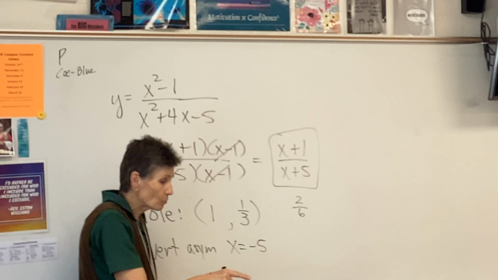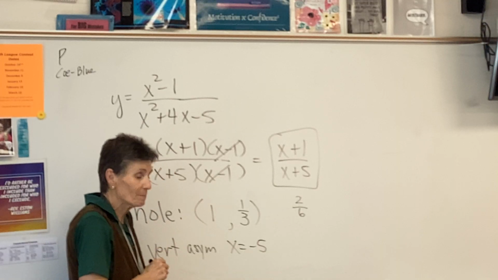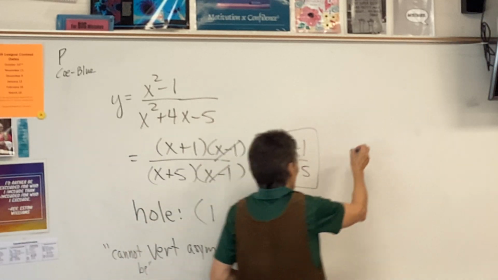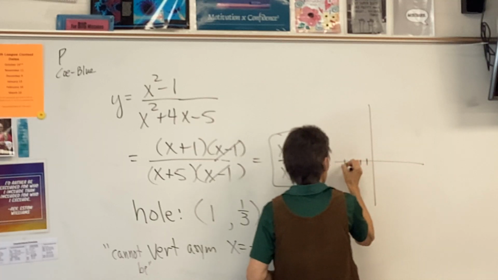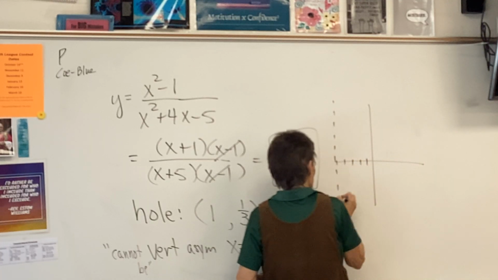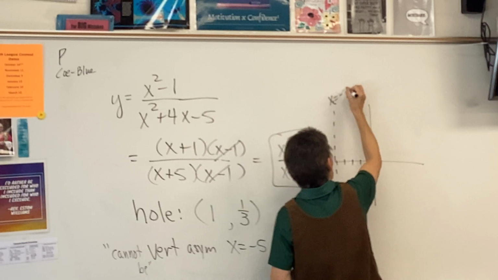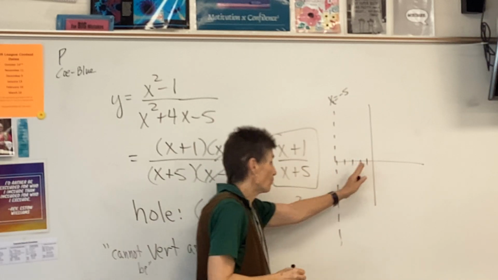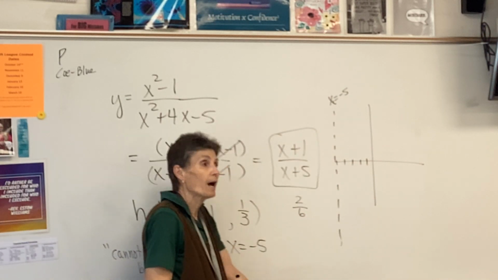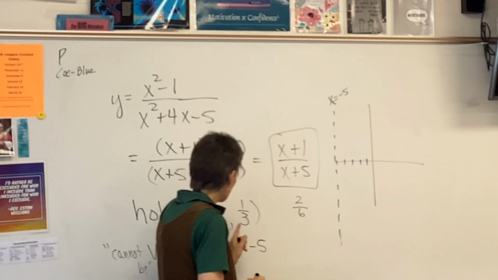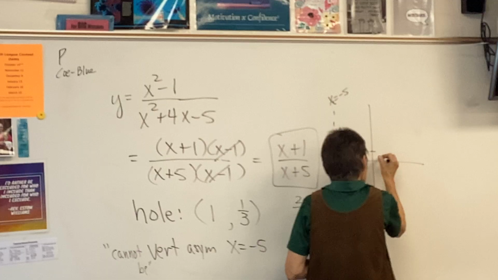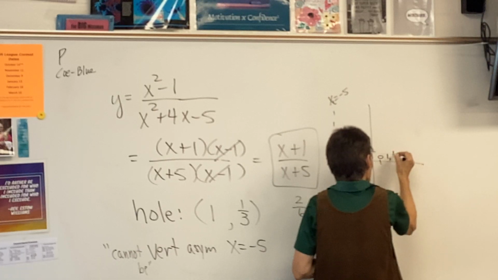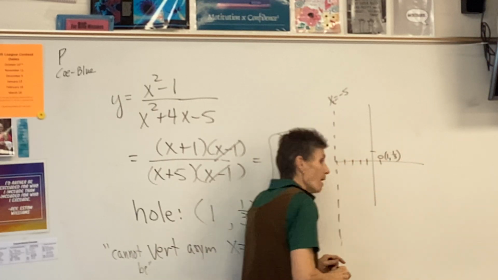So when you graph this one, problem E, you're going to have your vertical asymptote at x equals negative 5. Count over negative 5 and draw a vertical line. And then you're going to have an open dot in your picture at the point 1, comma 1/3.